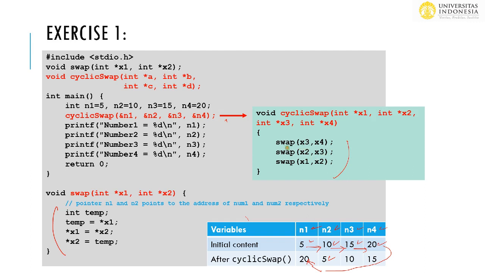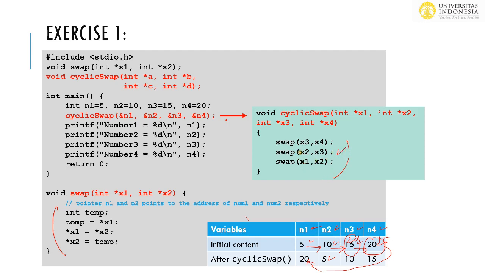The structure starts by swapping the third and fourth elements with each other. So first we exchange 15 and 20: 20 will be moved to this location and 15 will be there.